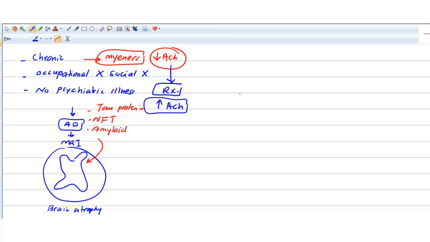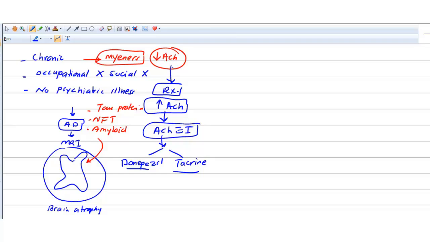You do that with acetylcholinesterase inhibitors, because when you inhibit acetylcholinesterase, the enzyme that degrades acetylcholine, your acetylcholine will be high. There are two drugs: the first one, donepezil, and the second one, tacrine. So you have two drugs so far for acetylcholine.